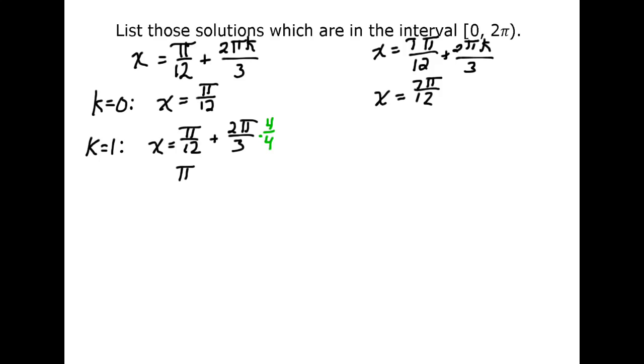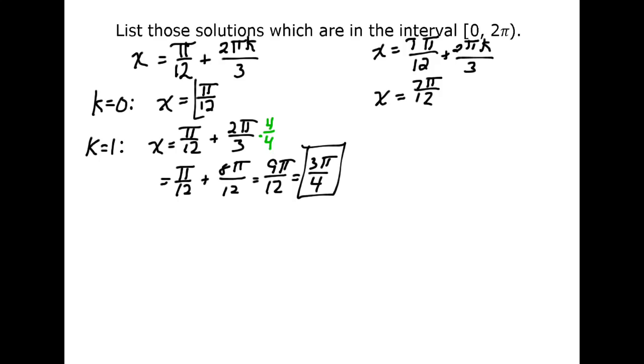So I would have pi over 12 plus 8 pi over 12, so 9 pi over 12, and that does reduce to 3 pi over 4. Okay, so there's an answer, and I have these two other answers.